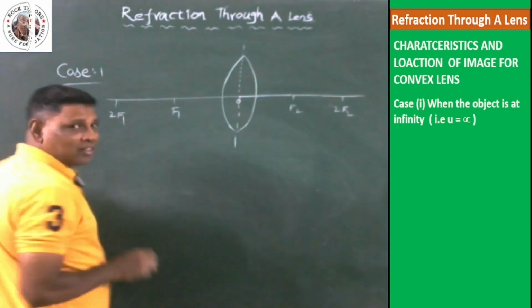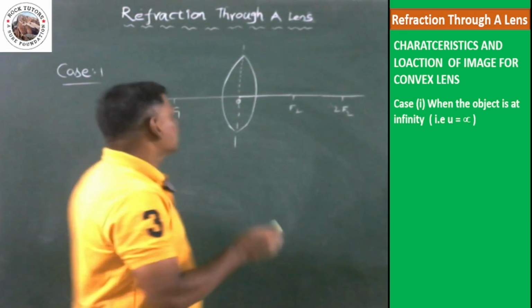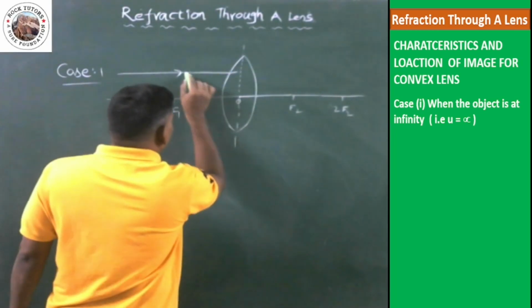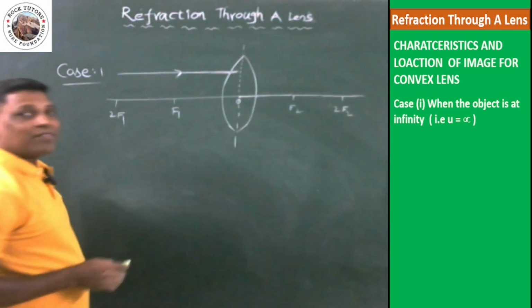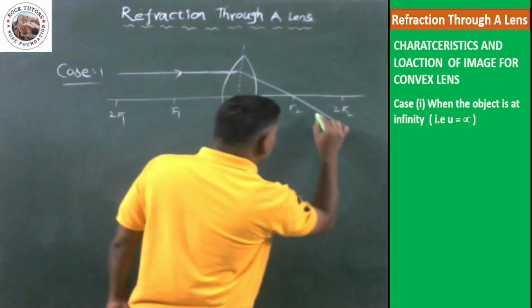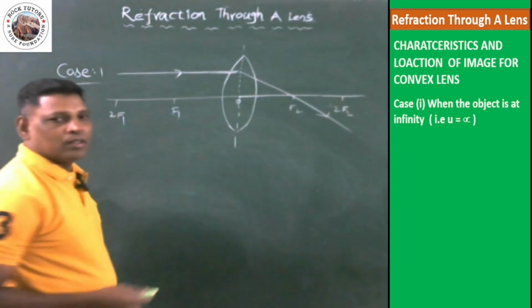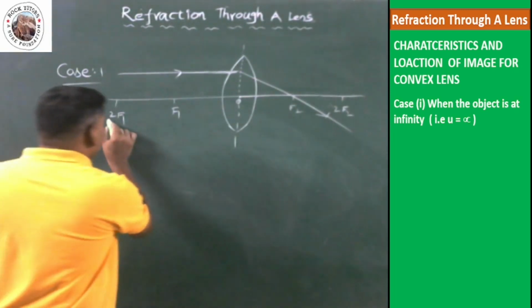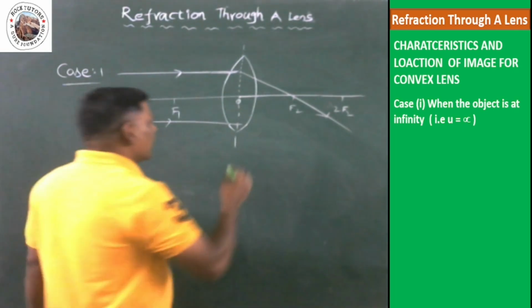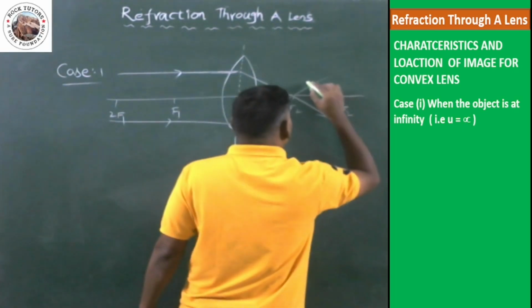When the object is at infinity, a ray parallel to the principal axis, after refraction, passes through the focus. And take one more ray parallel to the principal axis. After refraction, it passes through the focus.